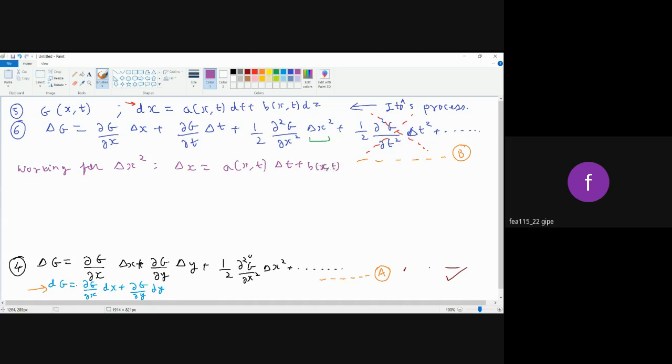Because I have dz as a Wiener process, isn't it? I'm using the same concept of the Wiener process which we have studied earlier. I know that delta z was epsilon root delta t. That is the exact same thing which I've done here. Everyone with me up to this point?